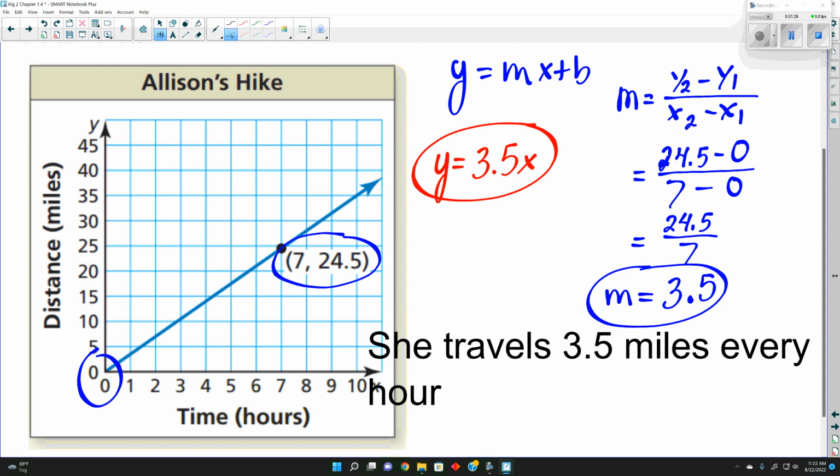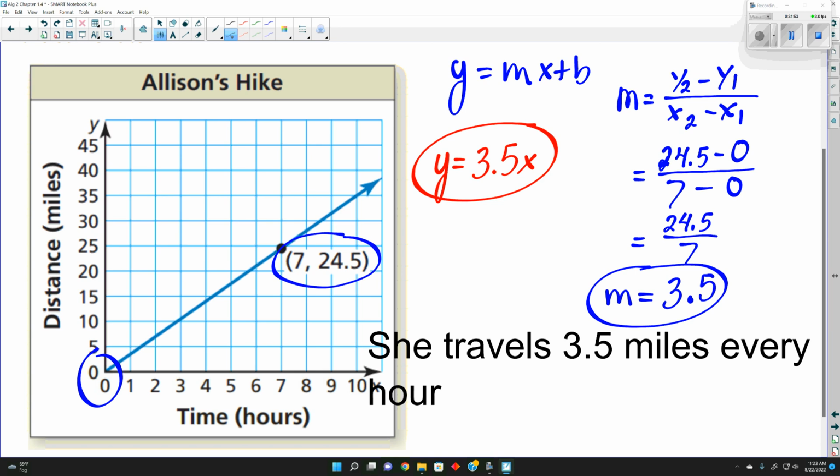Or in 1 hour, she travels 3.5 miles. Or for every 2 hours, she travels 7 miles. Or for every hour, she travels 3.5 miles. Any one of those works, as long as we're describing what the slope is telling us. Questions on this here?